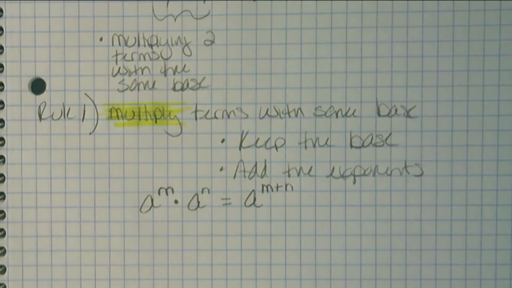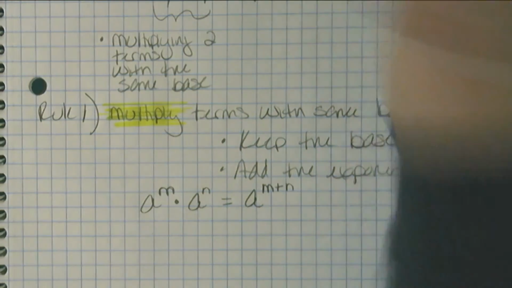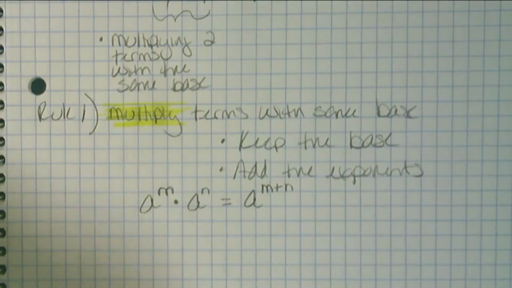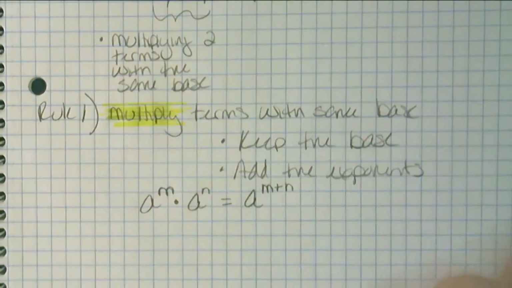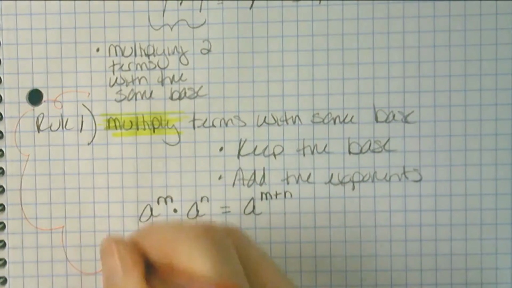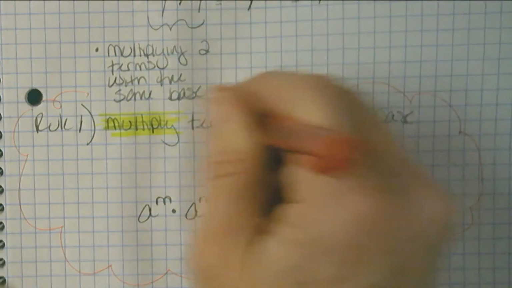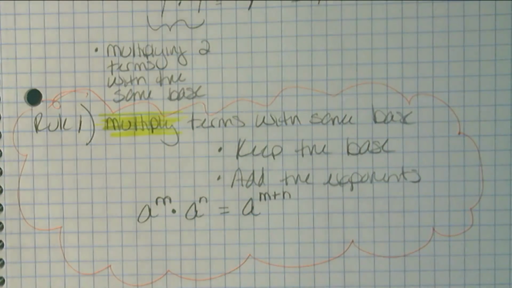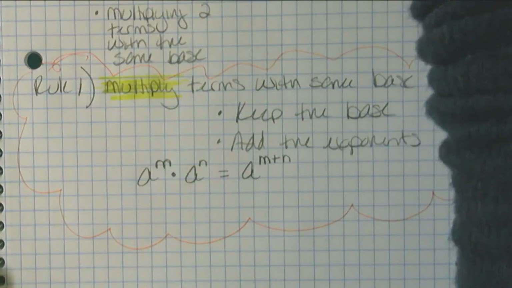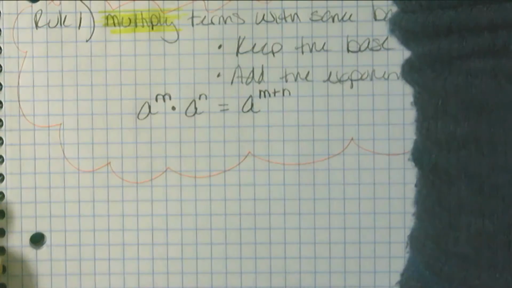So let's just go through a bunch of examples. I'm going to put a big fat circle around this. Unless they ask you to write it out in expanded form, I'm not looking for you to use expanded form to simplify these. I want you using the power rule.